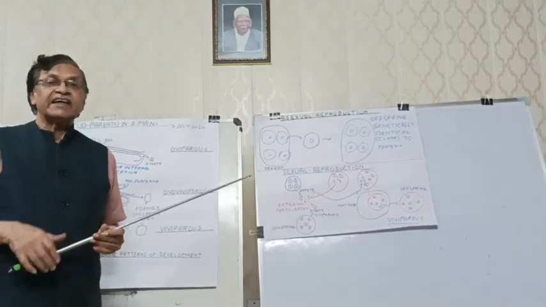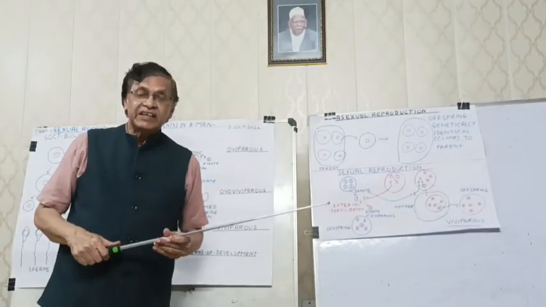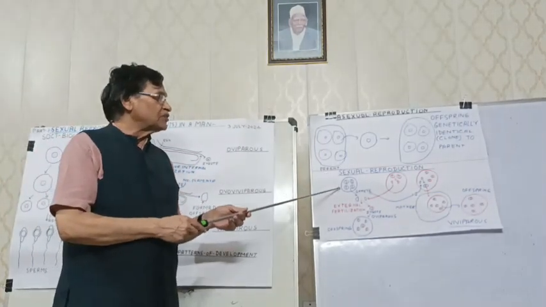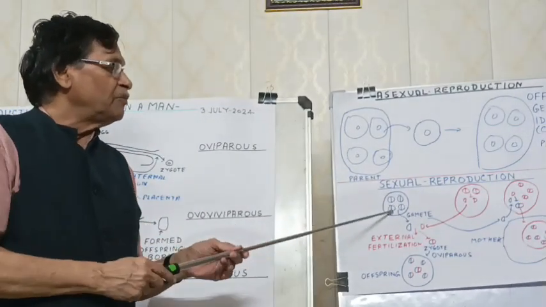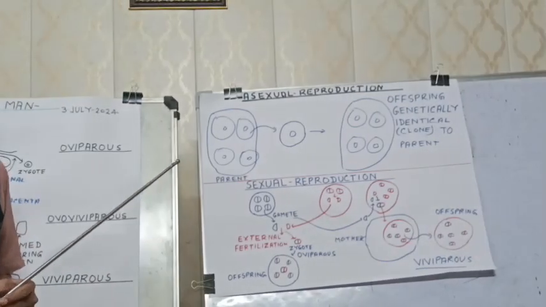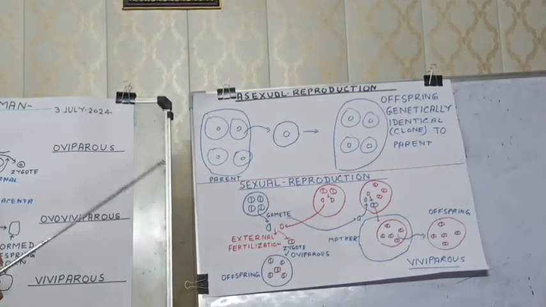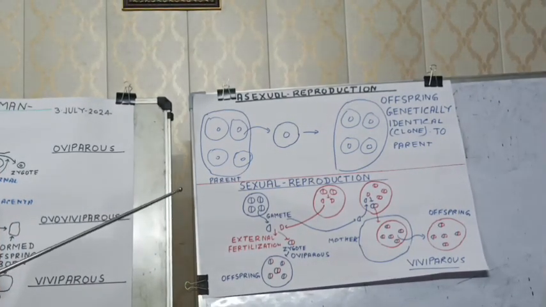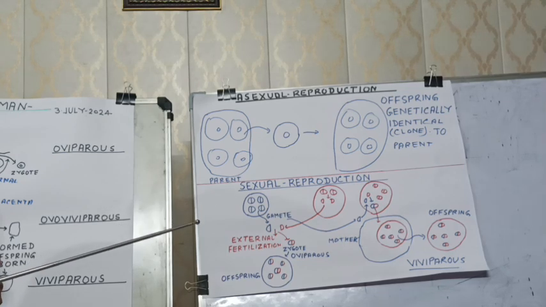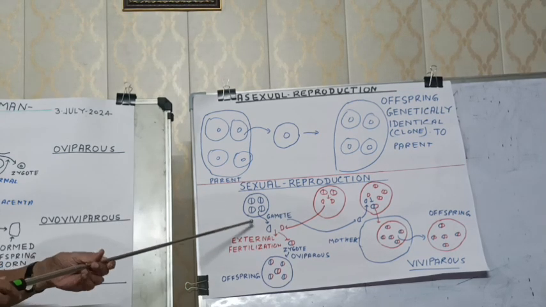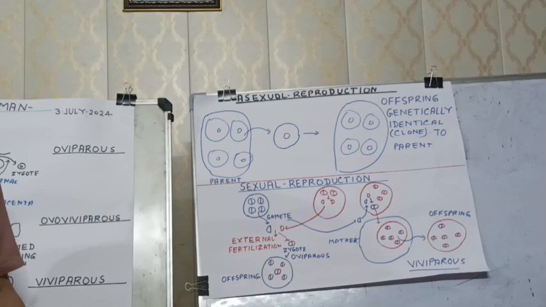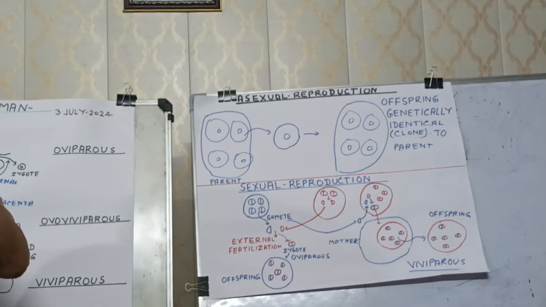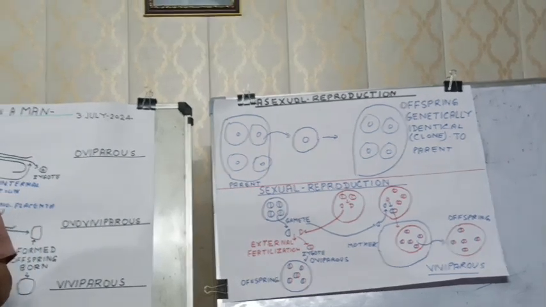So nature selected another system in which 2 individuals, male and female, produced gametes which contained only half of the genetic material, and then they combine with each other to form a zygote. Here also a variation is there.